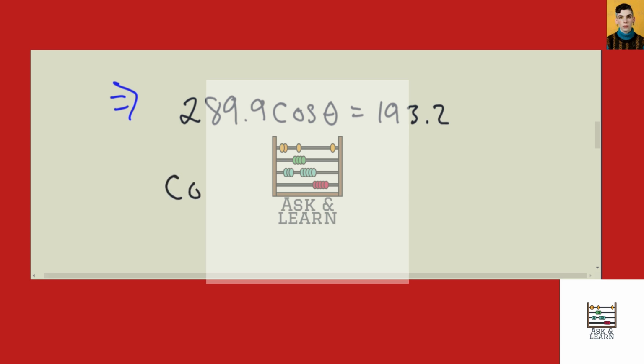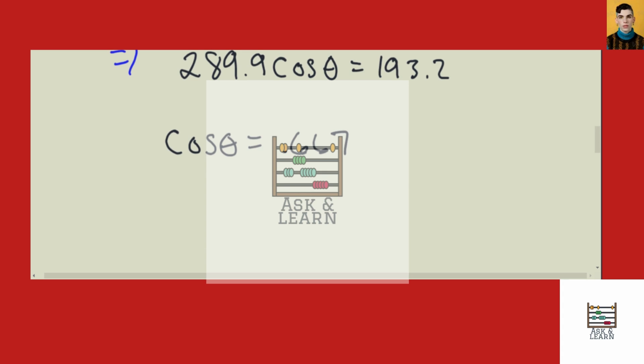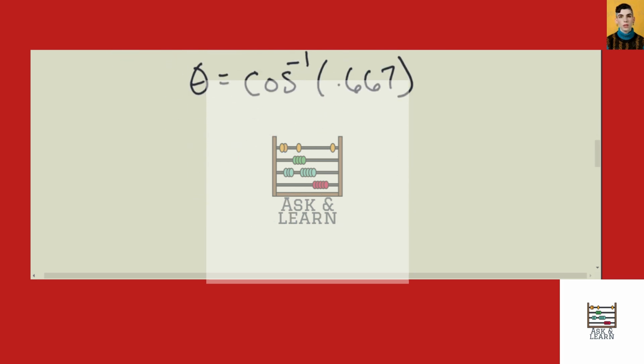So then cosine theta is equal to 0.667. Then solving for theta, theta is equal to cosine inverse of 0.667. So then finally our angle theta, when the compressive force is 0, is 48.2 degrees.